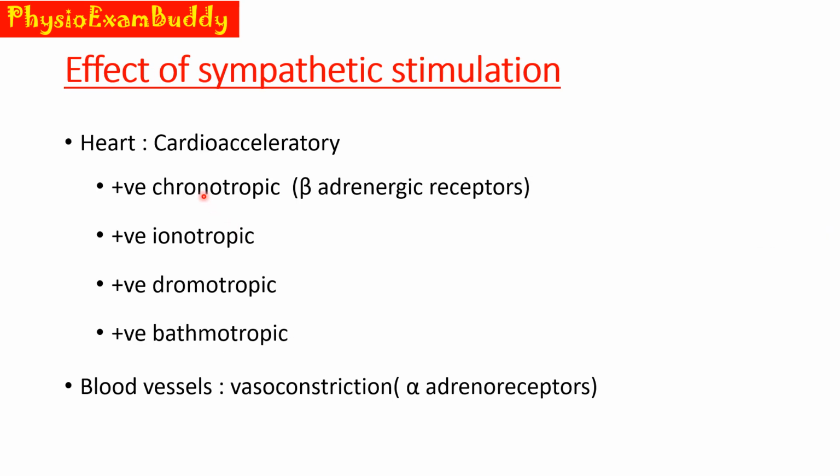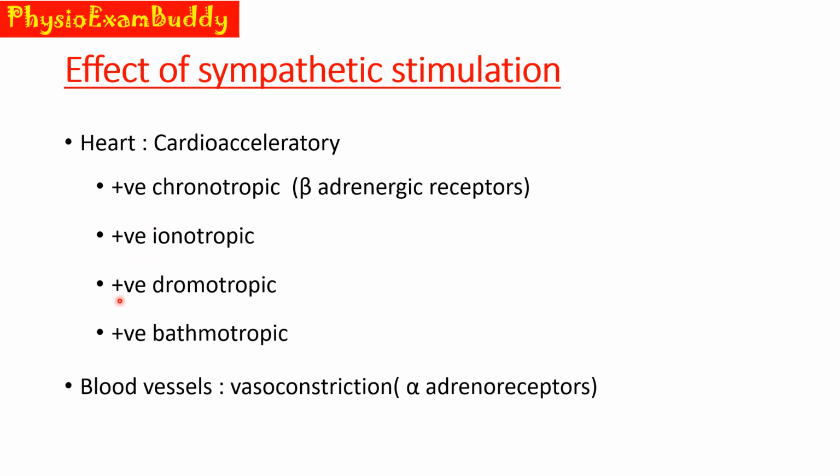So, what is the effect of sympathetic stimulation on the heart? Sympathetic fibers are cardio-acceleratory nerves. Upon stimulation, it increases the heart rate. That is why it is known as positive chronotropic via its action on the beta adrenergic receptors. It increases the contractility, that is the positive inotropic effect.